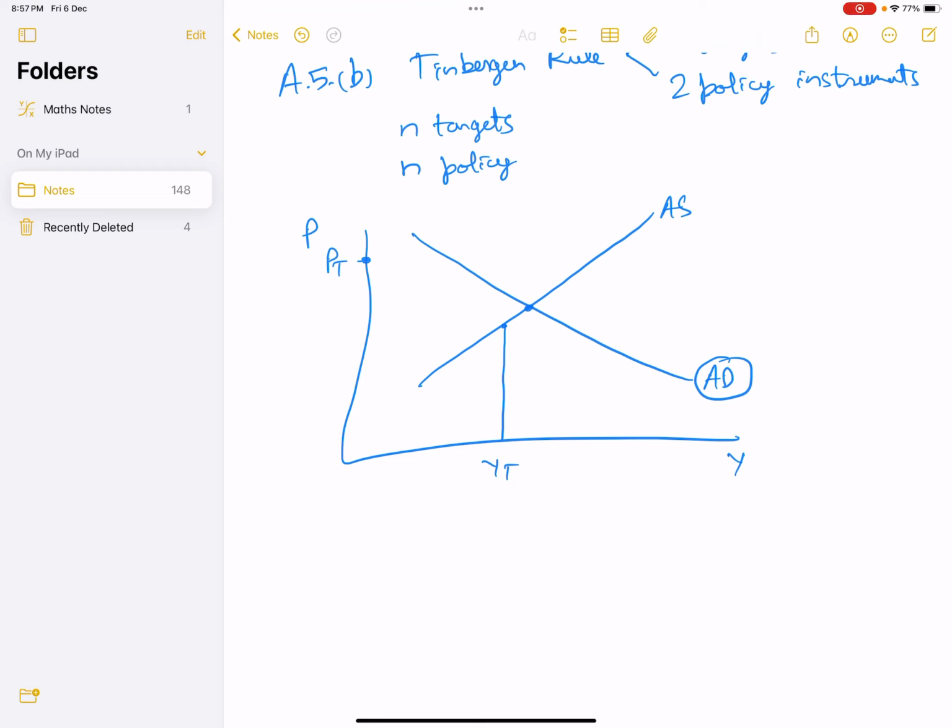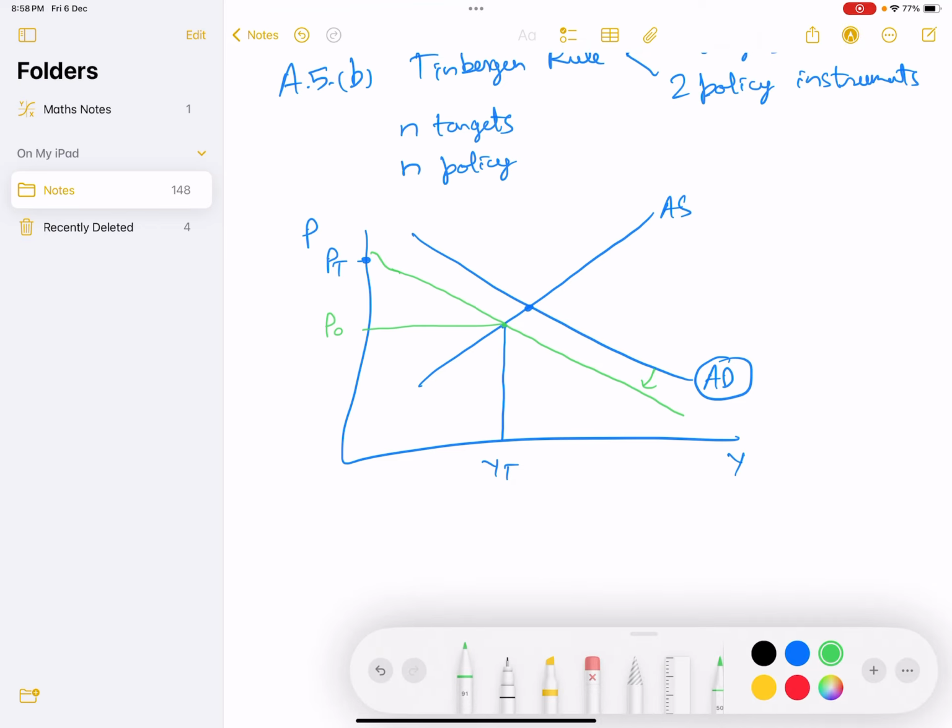If they want to achieve the output target, they will reduce the aggregate demand to here. We can see the output target is being satisfied, but this is the corresponding price level. So if they want to achieve the output level, they have to forego the price level. On the other hand, I'll draw this with the red.